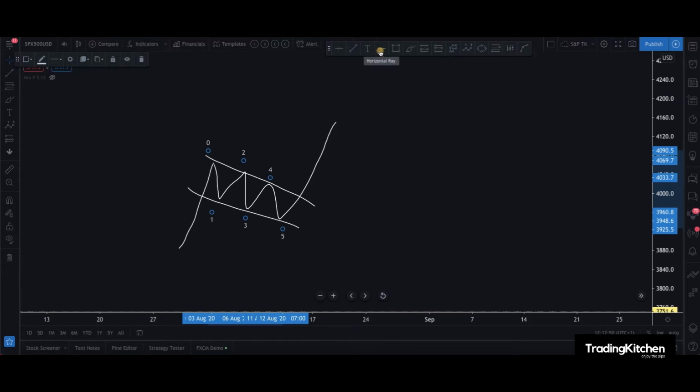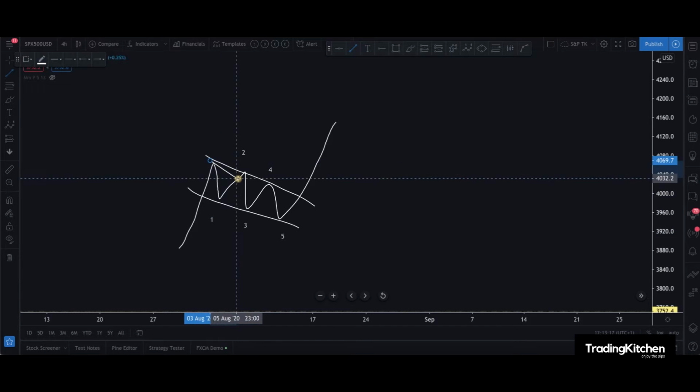The rule is that obviously the channel must be a correction, so the trend of the channel must be opposite to the main trend. Okay, so lower highs and lower lows.